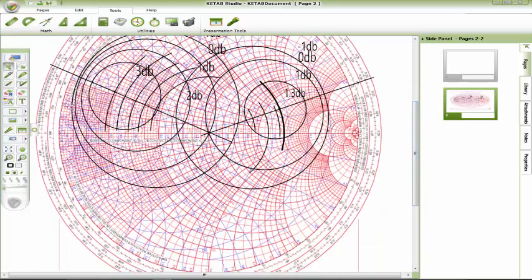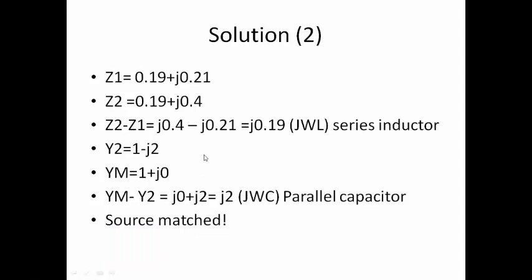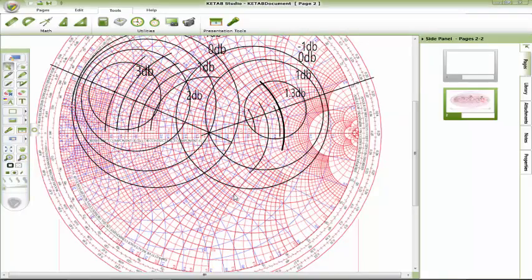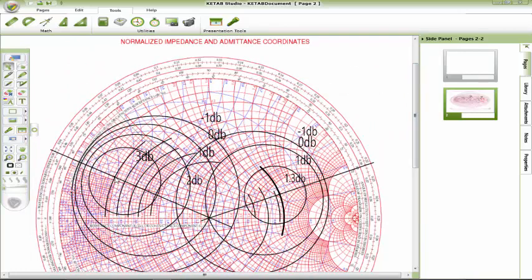Okay, let's now make the matching. So, we want to take the 3 dB point at the source and make it matching to this point. Okay, this is the 3 dB point.